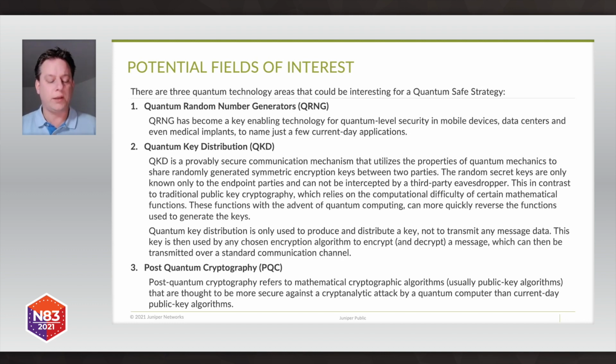The third field of interest is post-quantum cryptography, or in other words, security protocols and mechanisms that are quantum resistant. Because one of the things we'll see in this presentation as well is that some of the algorithms we're using are not resistant against attacks from quantum computers.